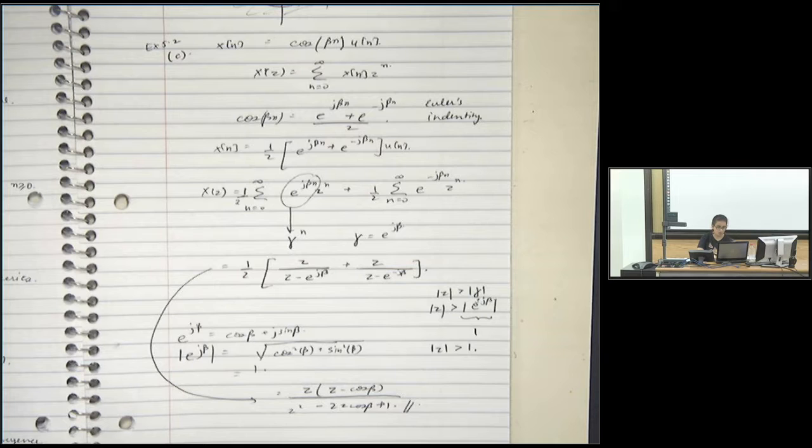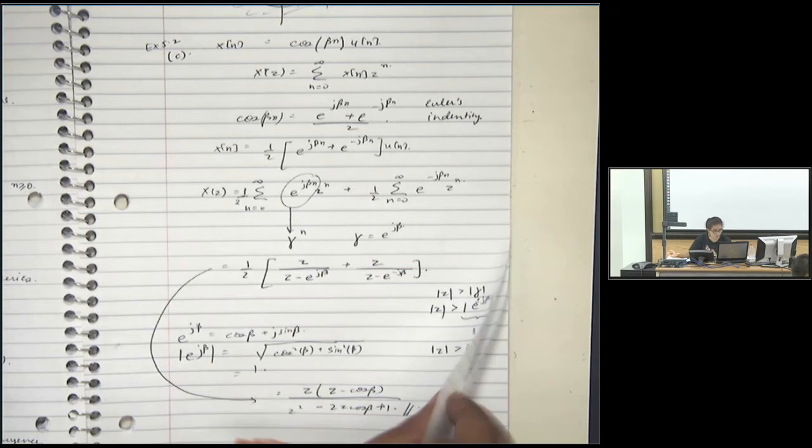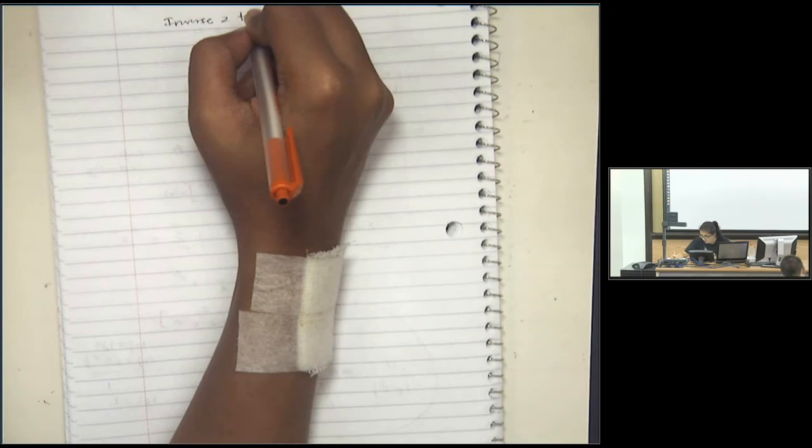Cool. Now the next thing to do is inverse z transforms. Okay, so let's start with that. So inverse z transform is pretty much similar to the Laplace transform that you were doing.